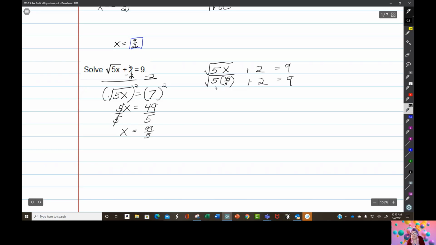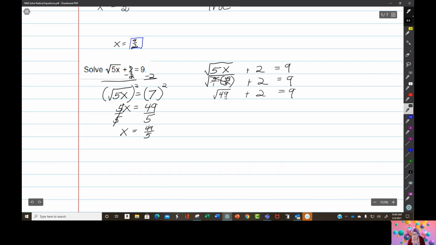Now, the easiest way to do this is to take 5 and write it as 5 over 1, so that you're multiplying a fraction times a fraction. And then you notice that this 5 and this 5 cancel each other, and you're going to be left with the square root of 49 plus 2 equals 9.